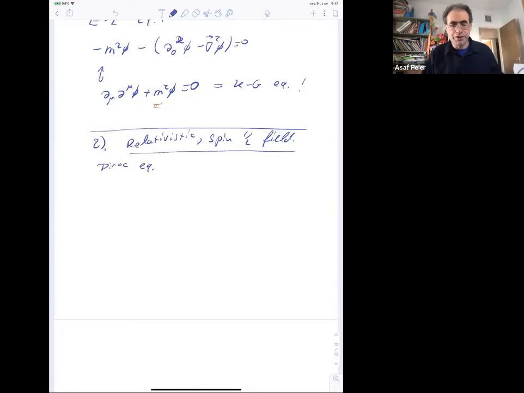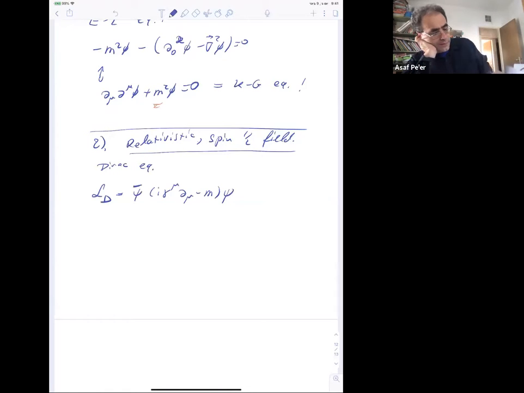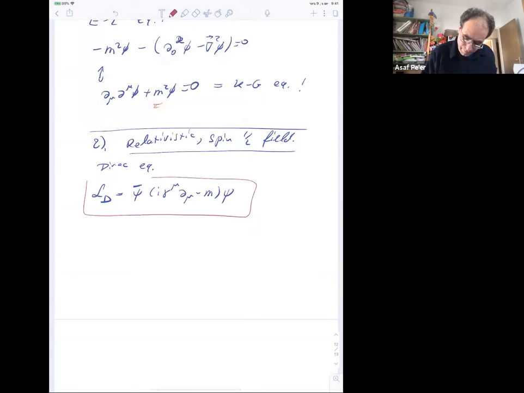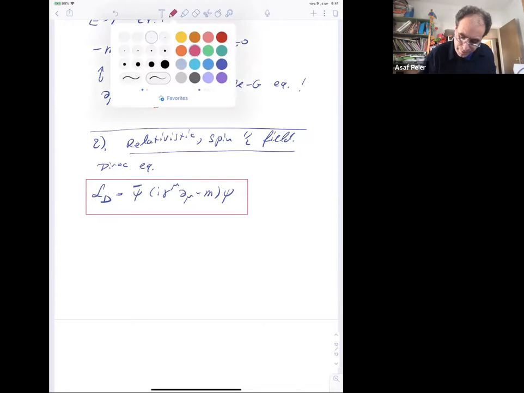So we must have a Lagrangian which will give us back the Dirac equation. And the Lagrangian that does that, L Dirac, is psi bar (i gamma mu d mu minus m) psi. Actually works.